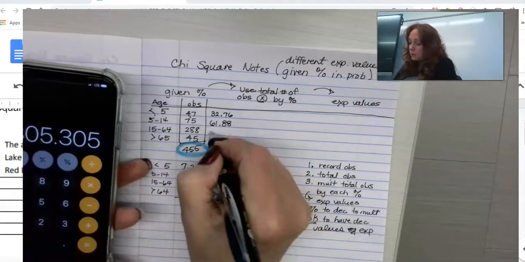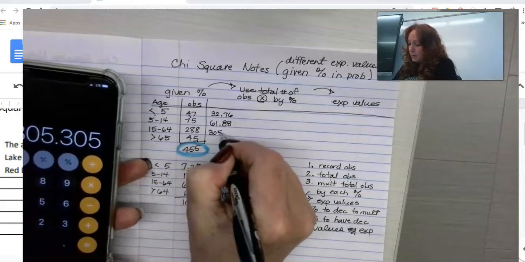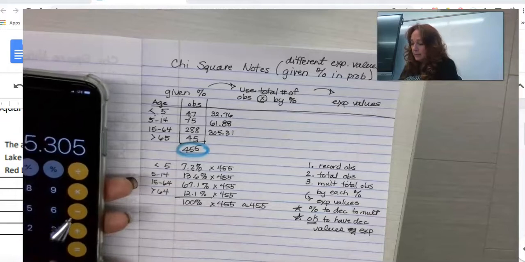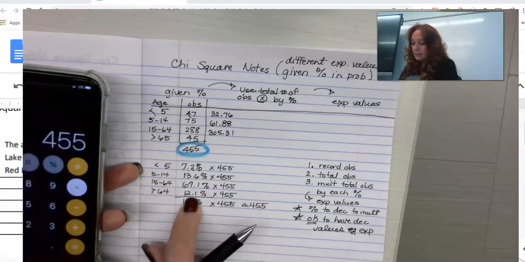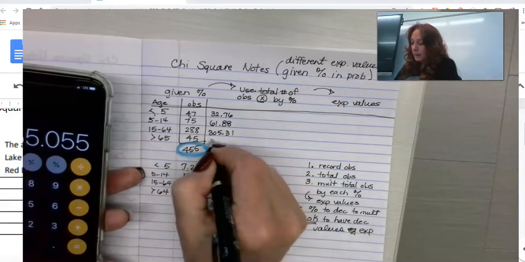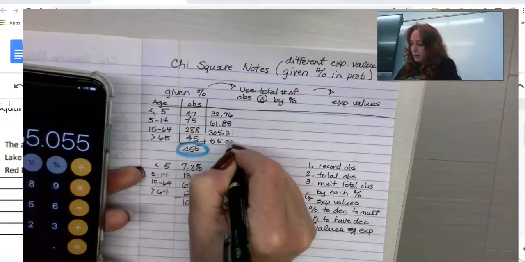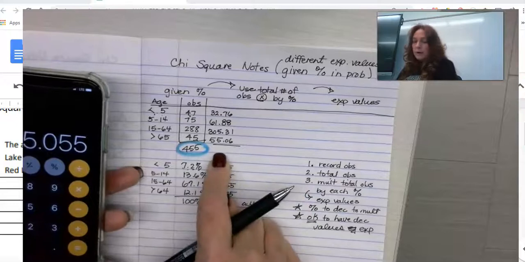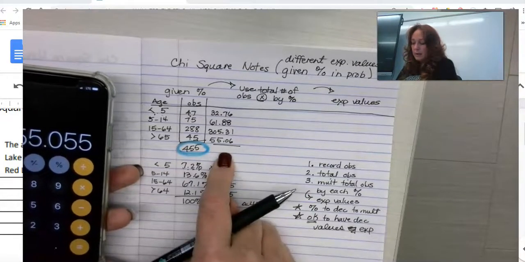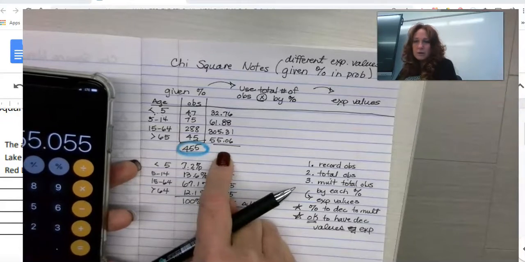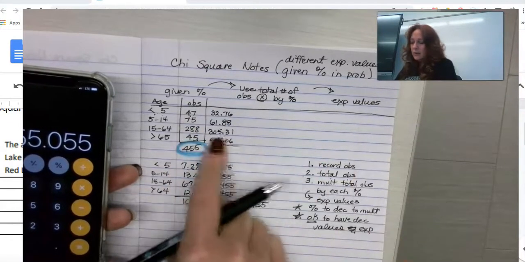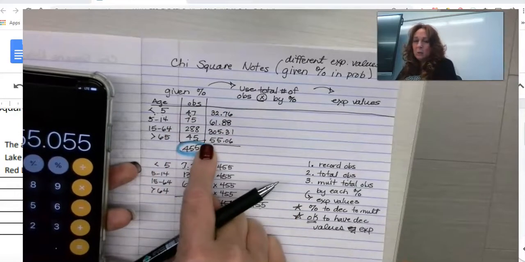This is when I wish you were here, because y'all make sure I don't do stupid math things. And then I'm going to take 455 times the last percent, change it to a decimal, 0.21, and I get 55.06. Then you have a way to check to make sure that you've got your numbers right, because there's nothing worse than doing all of this work to find out later that the beginning was wrong.